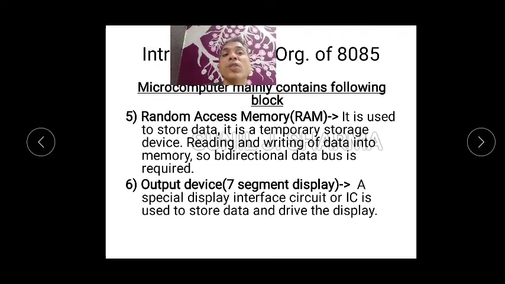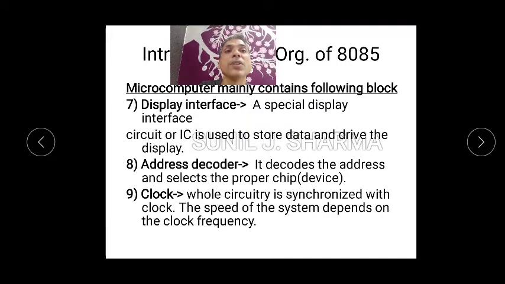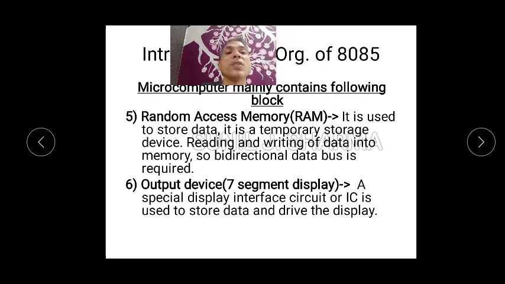So I hope you understood all the sections or the blocks. Apart from this, there are many other things which we'll be covering. That is, 7th is display interface. Okay, a special display interface circuit, or IC, is used. I think the same thing is written.